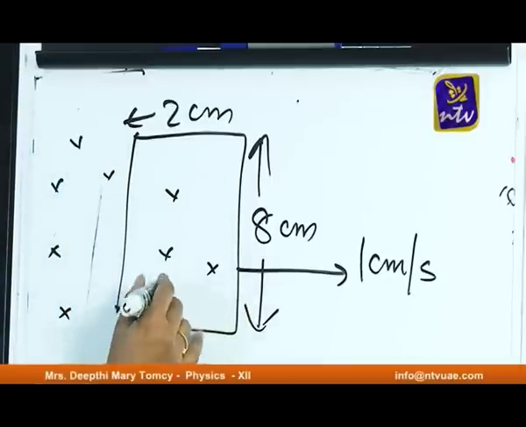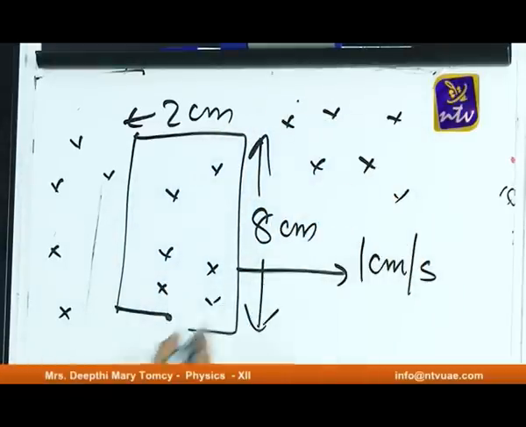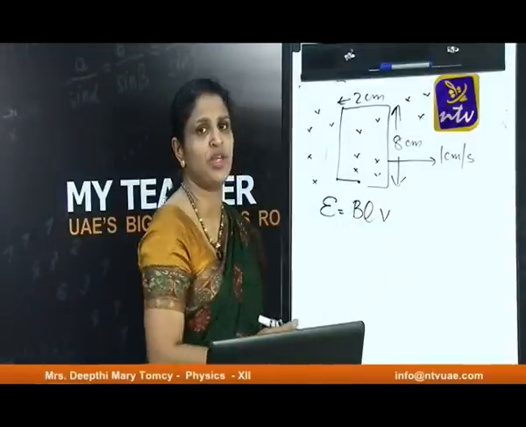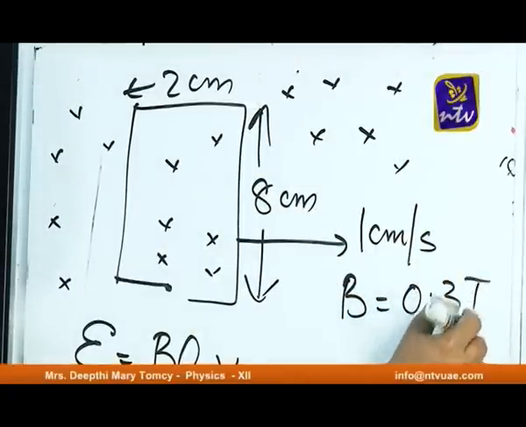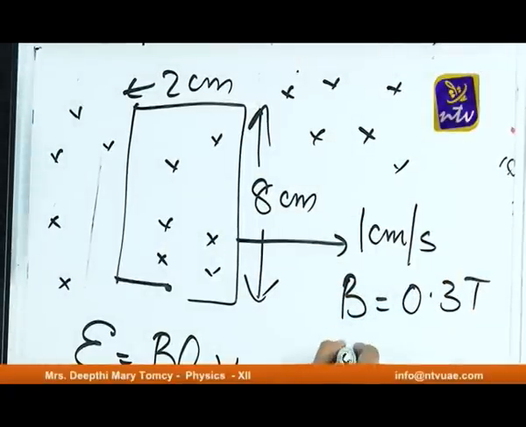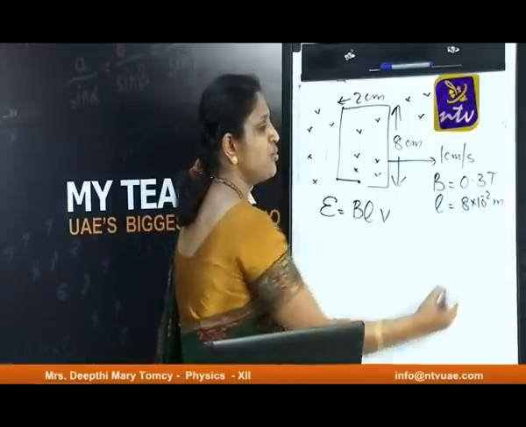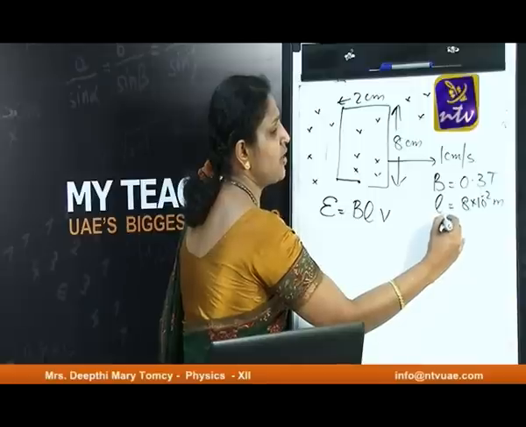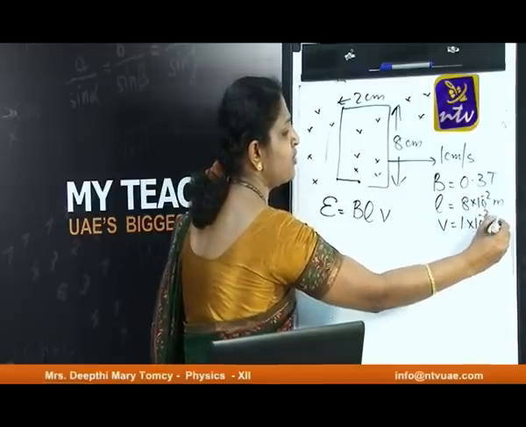Just before, I explained how you can find the EMF using the formula B into L into V, where B is 0.3 Tesla, the length of the coil is 8 centimeter, that is 8 into 10 raised to minus 2 meter, and the speed is V equal to 1 centimeter per second, that is 1 into 10 raised to minus 2 meter per second.